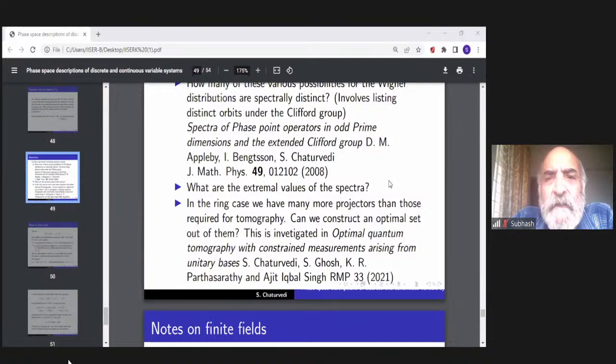And as I said, the discrete case requires a lot of preparation before one can discuss it. But I think I've given you some flavor for what is involved. And perhaps you can, on your own, study later on if your research work requires a deeper understanding of phase-space description of finite state systems.